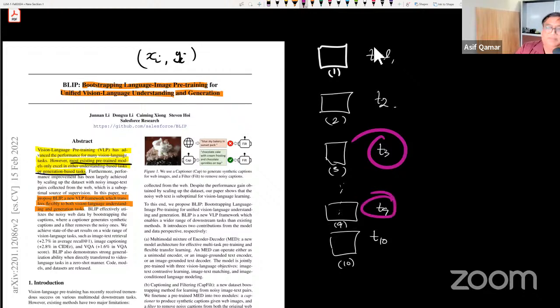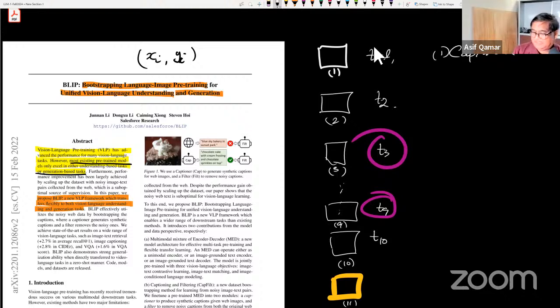Now, see, remarkably, let us say that you also happen to have some images which don't have a caption at all, right? So this machine is going to do two things. One, it will have a captioner. What will the captioner do?